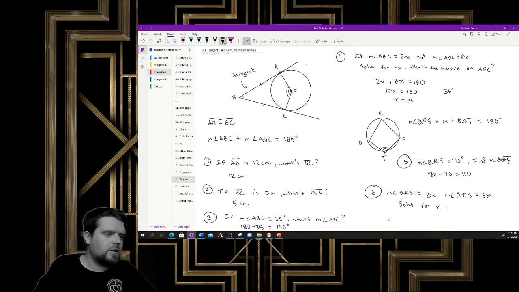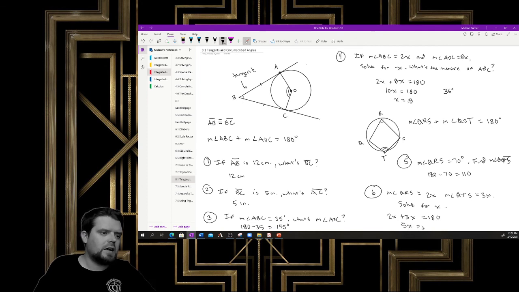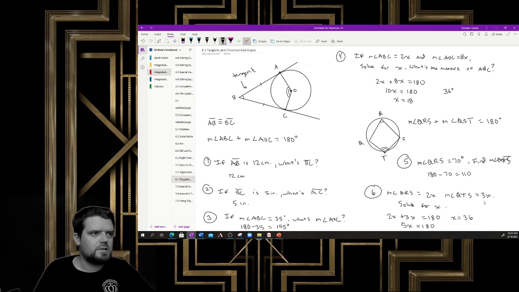So same thing here, just like we did in number 4, you'll add them up, equal to 180 degrees. Combine like terms, and then you'll divide 180 divided by 5. We end up with 36.